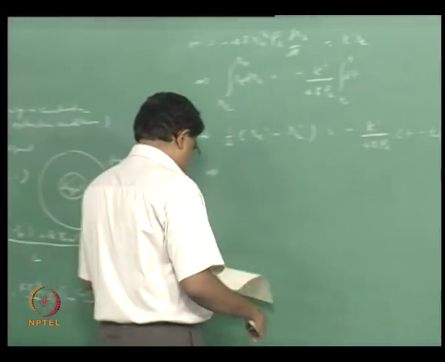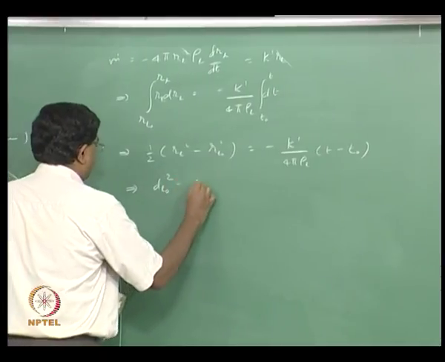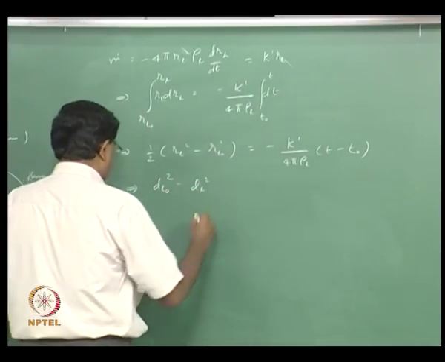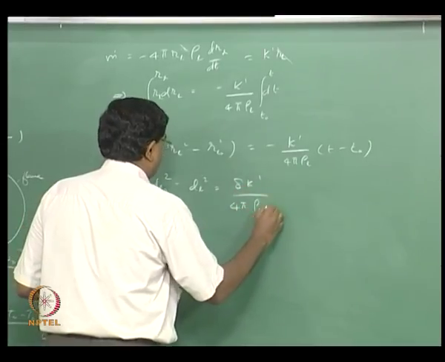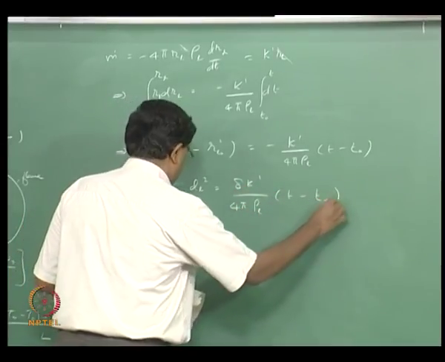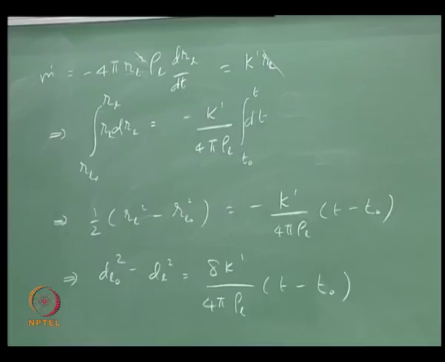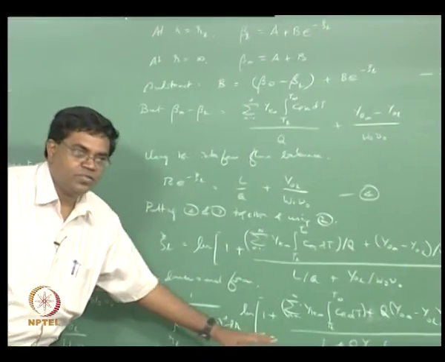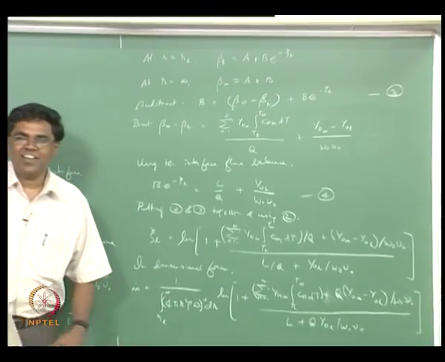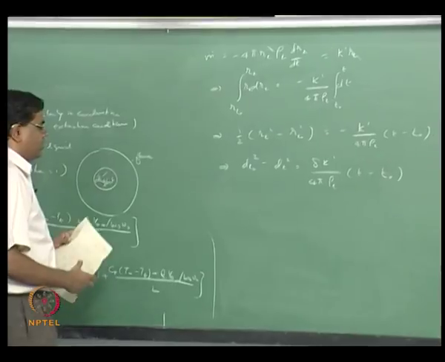So dl naught squared minus dl squared is equal to 8k prime divided by 4 pi rho l, times (t minus t naught). Now it's beginning to look like the d squared law. About 10 minutes ago, this didn't look like the d squared law at all, but that's the d squared law there.